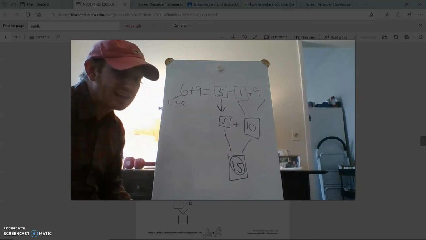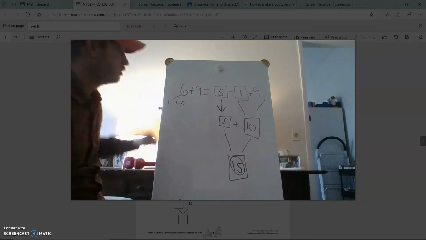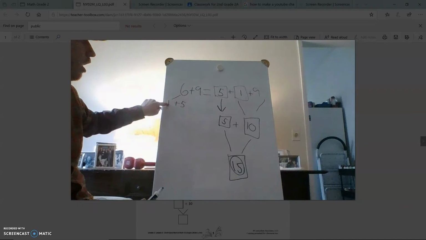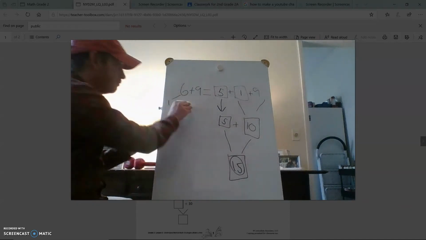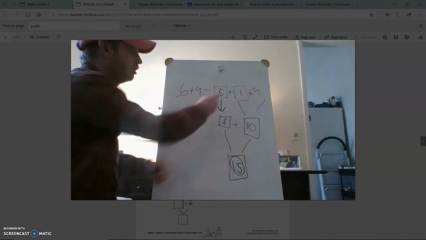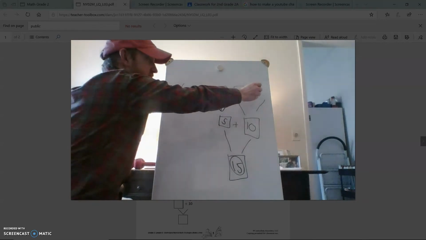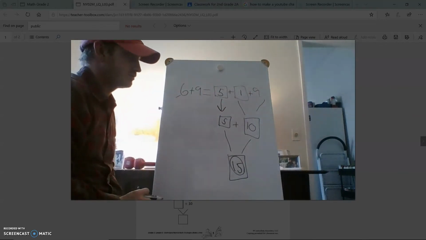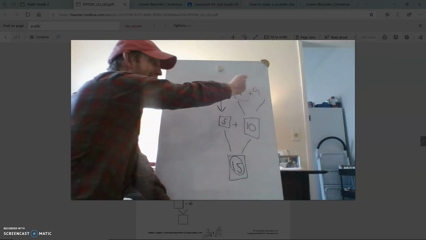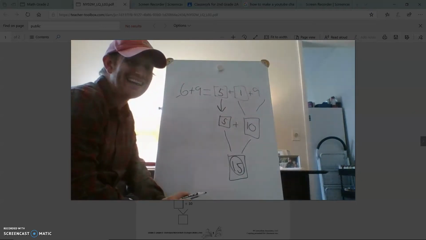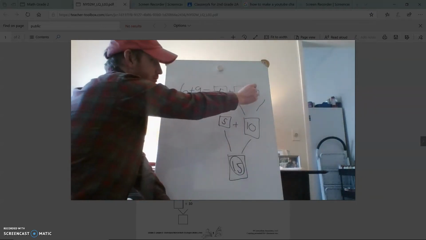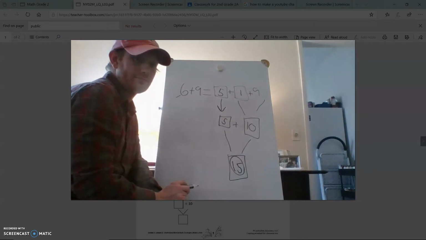I'm going to go over that again really quickly. So 6 is 1 plus 5. So we put 1 plus 5 plus 9, because those are the same things. I then made my 10, because I always want to make a 10 if I can. And 1 plus 9 is 10.